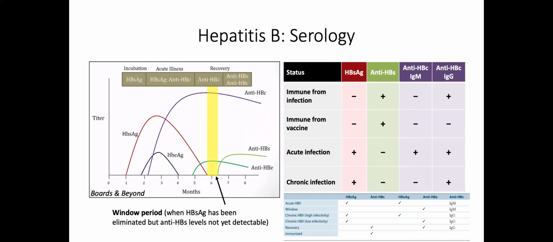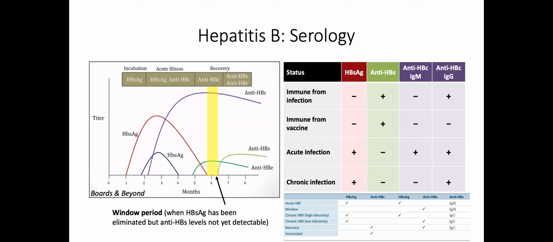So know that window period first is when the surface antigen hasn't been eliminated, but the antibodies haven't been detectable yet. So our IgM for the infectious anti-hepatitis B E will be positive as well as IgM. So this is really important to know.